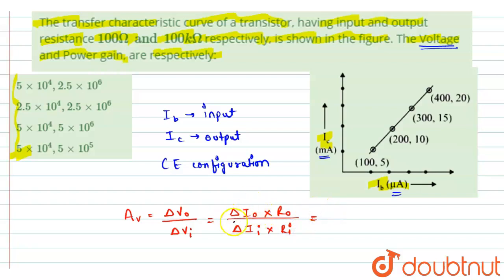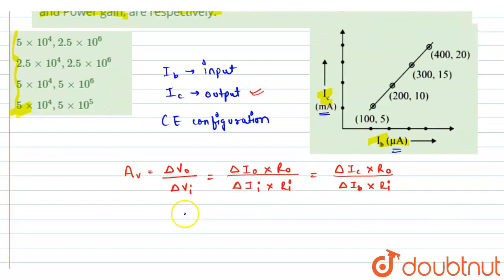So here we are taking output as the collector current, so it will be delta IC into R naught, whole divided by delta IB, which we are taking as the input, into RI.